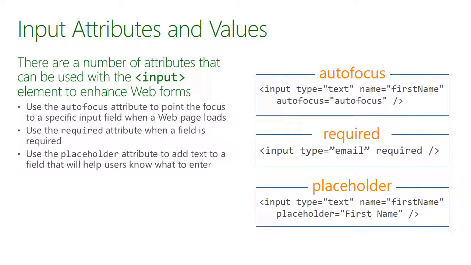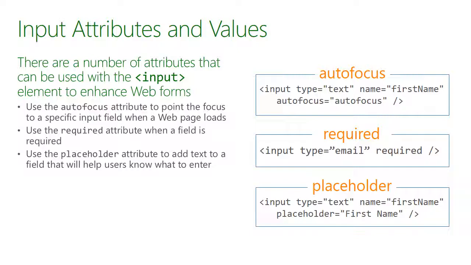Let's look at input attributes and values that are associated with forms. There's a number of attributes that can be used with the input element to enhance web forms. You would use the autofocus attribute to point the focus to a specific input field when a web page loads. You would use the required attribute when a field is required, and use the placeholder attribute to add text to a field that will help users know what to enter.